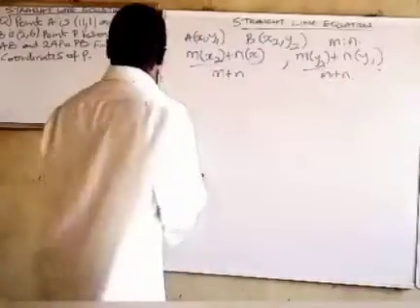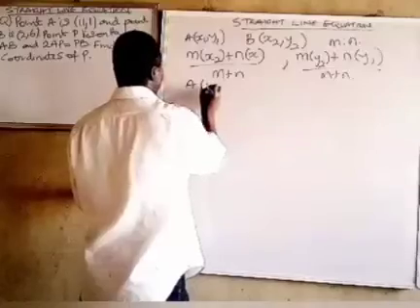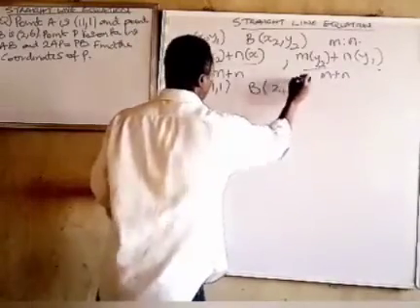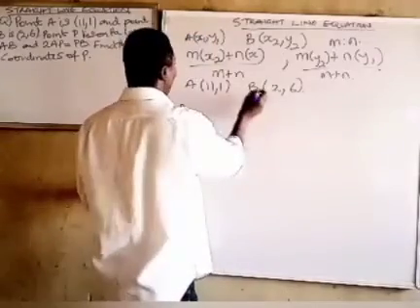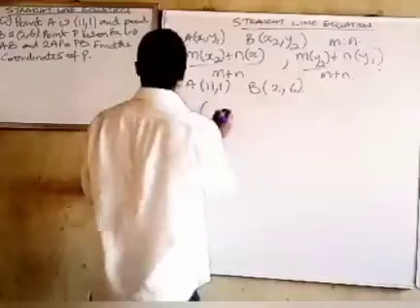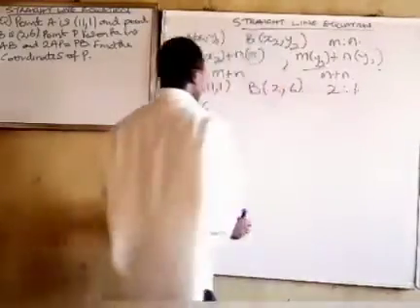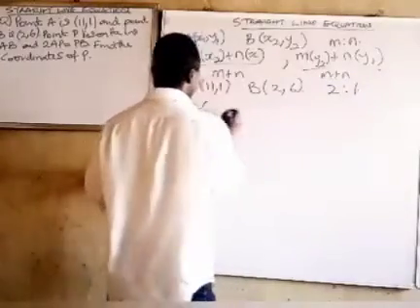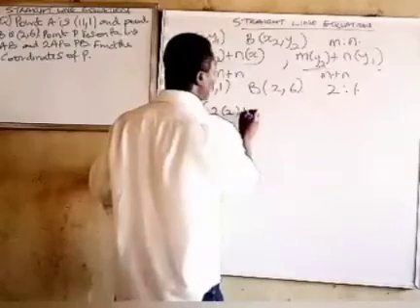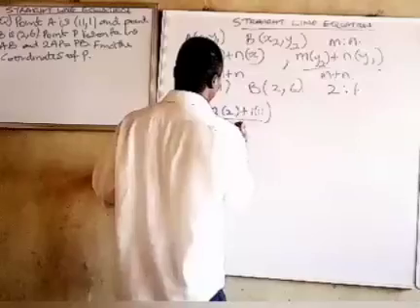Therefore, for this question, our A is (11, 1) and our B is (2, 6). For point P, because it divides the line in the ratio 2 to 1, we have 2 into 2 plus 1 into 11 over 2 plus 1.